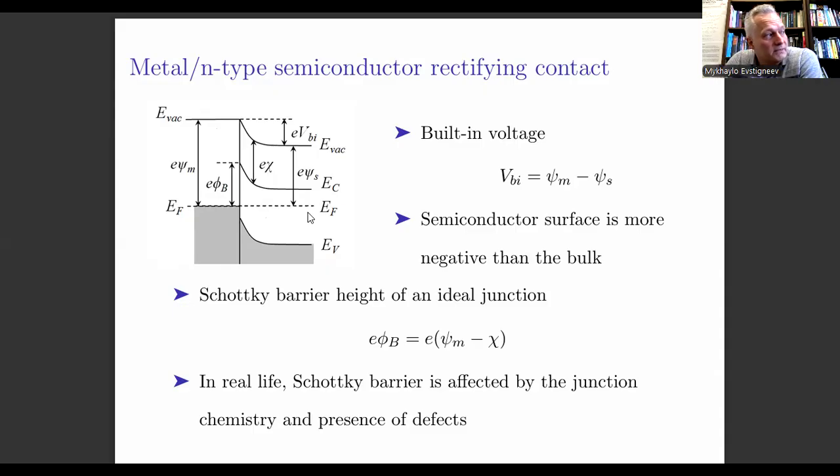Because the metal has a huge density of states at the Fermi energy, the metal acts as a heat bath from the point of view of the semiconductor. So the bands on the metal side practically do not bend, but it is the semiconductor bands that need to adjust themselves to ensure the alignment of the Fermi energies.